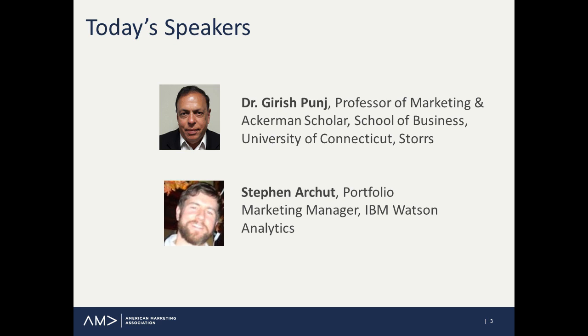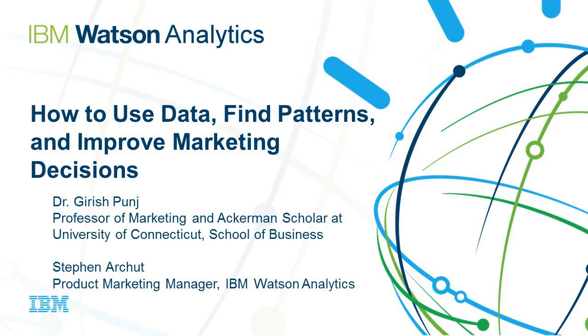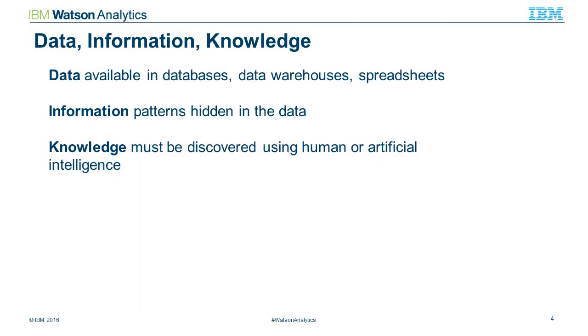A good place to start is making a distinction between data, information, and knowledge. What we would like to do eventually is discover knowledge, or another way of saying that is discover marketing intelligence.